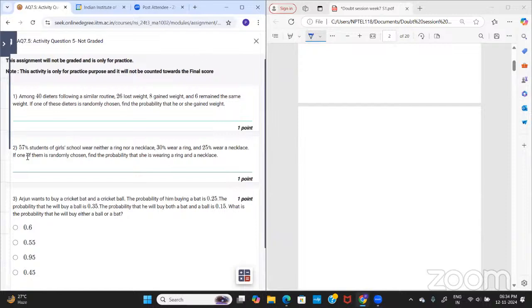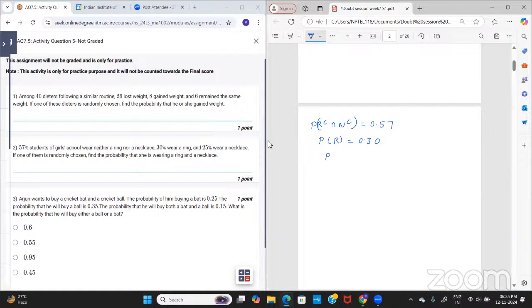So it is given that 57% of the girls in the school wear neither a ring nor a necklace. Then 30% wear a ring. R represents a ring, so it will be 0.30.